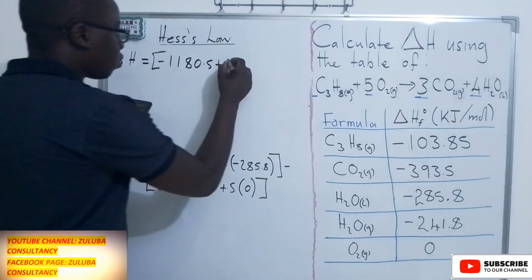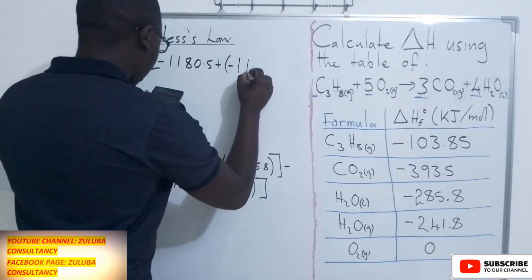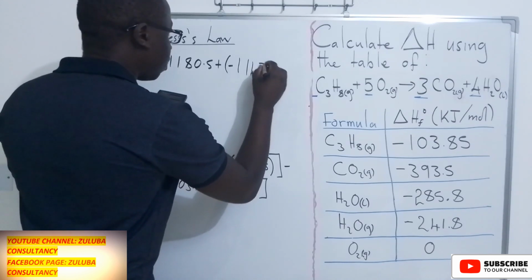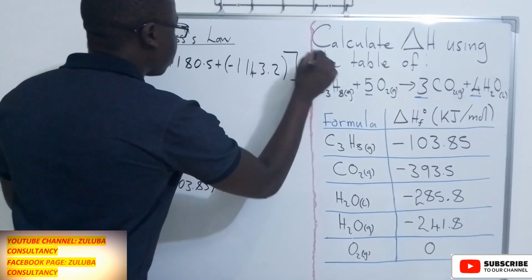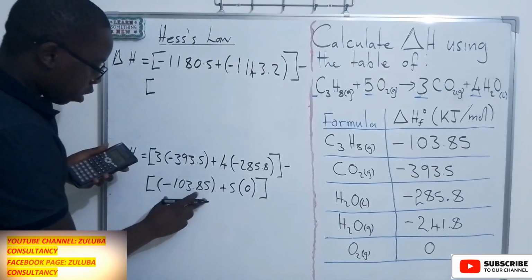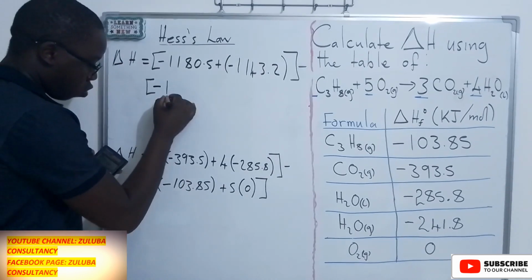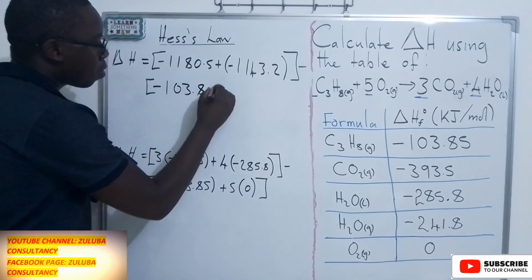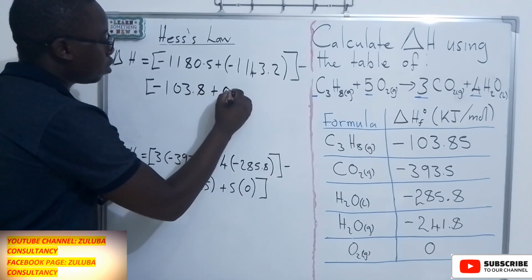It is giving us negative 1143.2. Then we are saying this minus, we open the bracket, this one we are not multiplying with anything, so it will be negative 103.8, plus 5 multiplied by 0, which is 0.